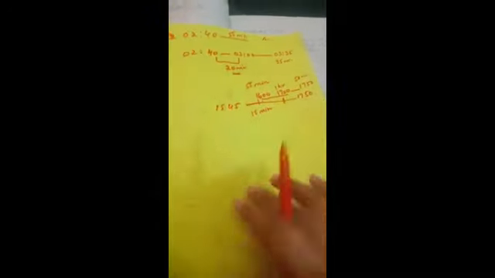Then from 16 we will count how much time will be needed, up to 17. It will become 1 hour. Then from 17 to 17:50, it will become 50 minutes.